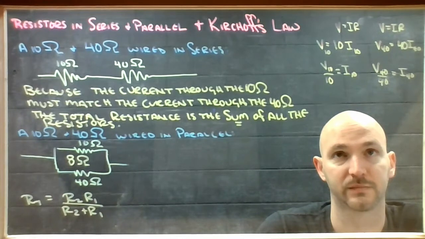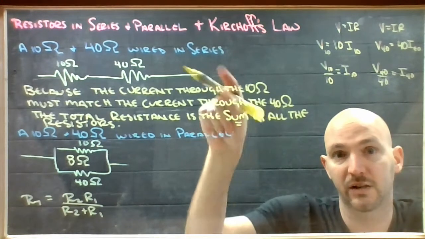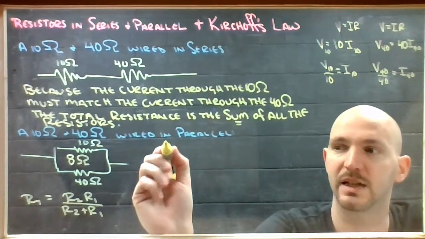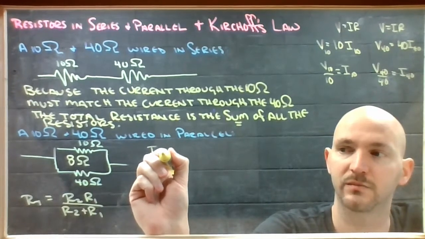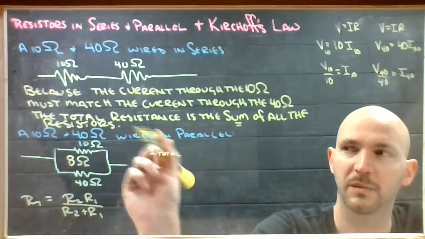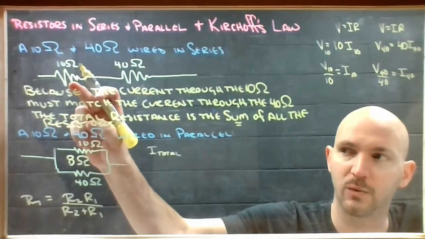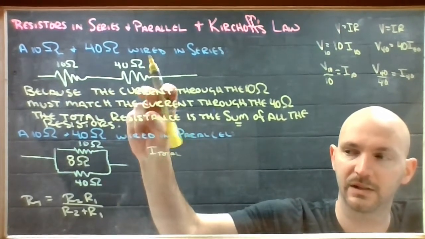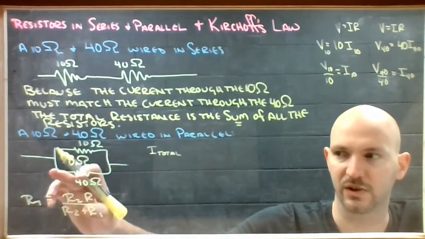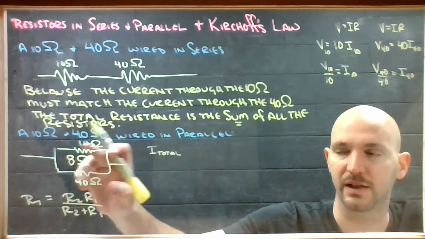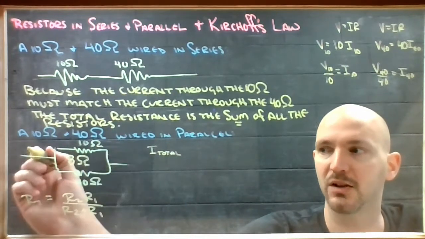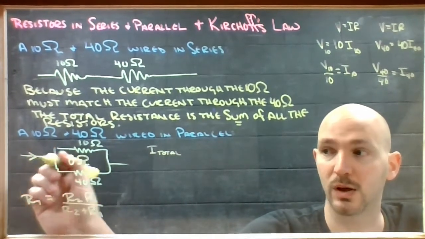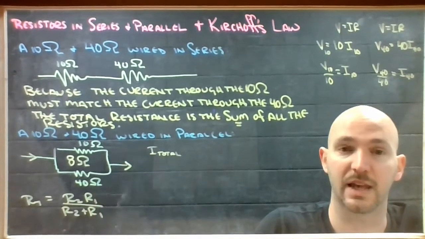Okay? Now, here's where Kirchhoff's law comes in, is that the total current, remember last time it said all the current, if it went through this one, it had to go through that one? Well, in this structure, some of it goes this way and some of it goes that way, but it all has to add up to what went in and what came out.